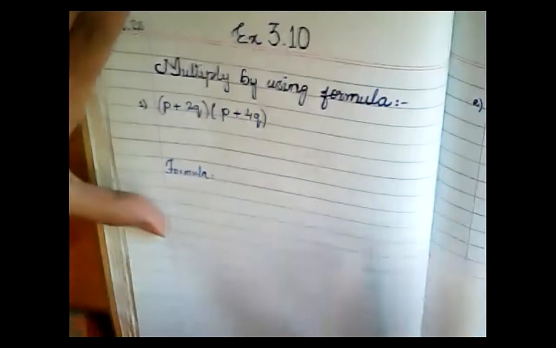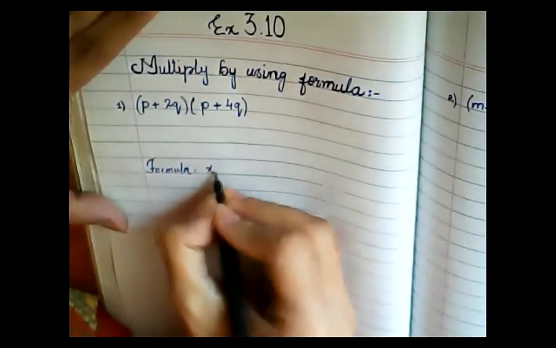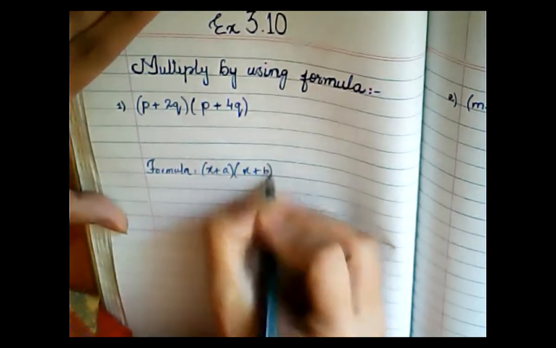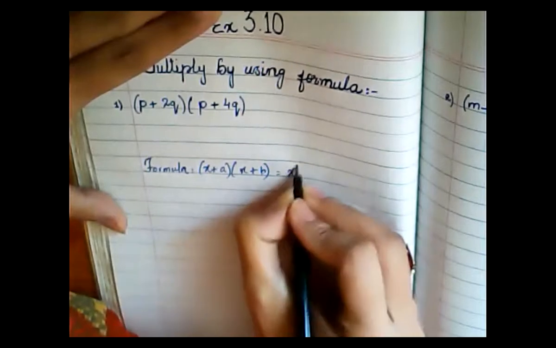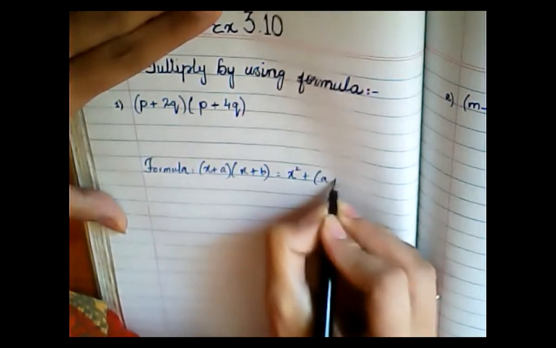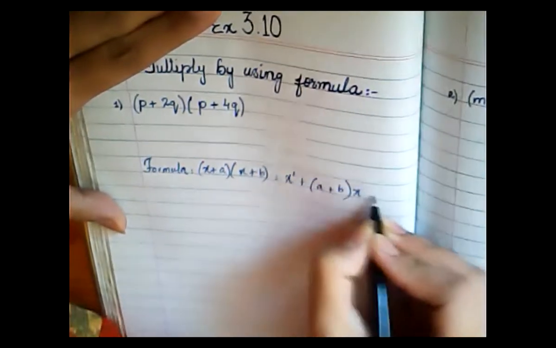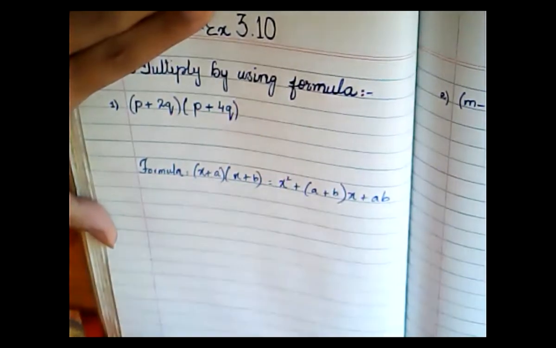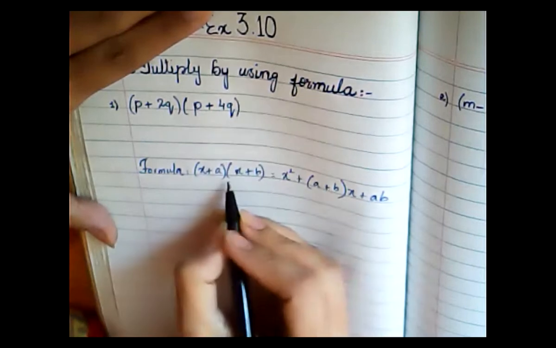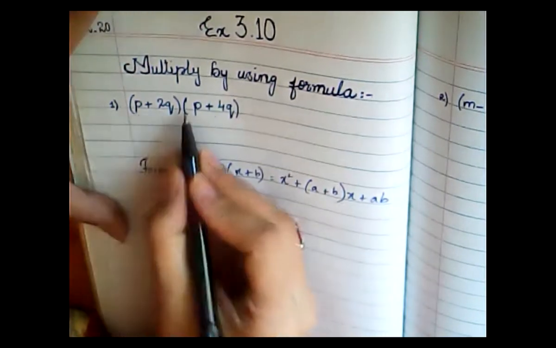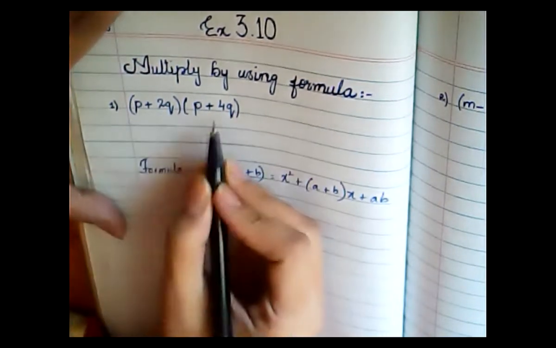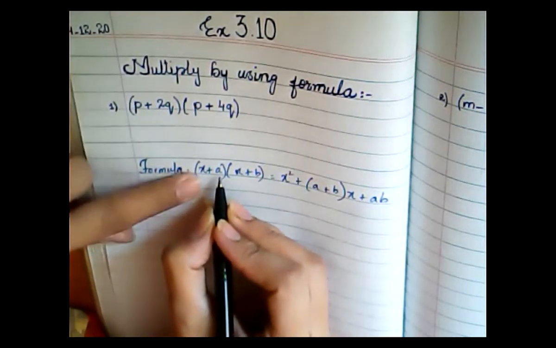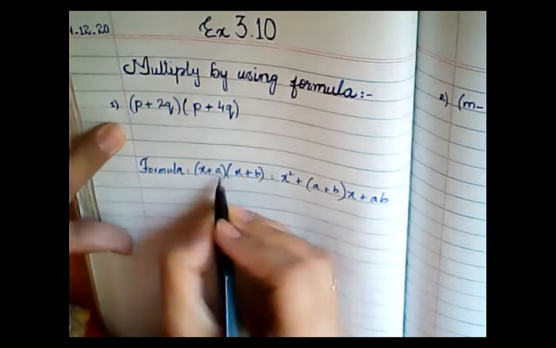The formula is (x plus a)(x plus b) is equal to x square plus (a plus b)x plus a times b. We apply this formula when the first term is the same and the second terms are different.